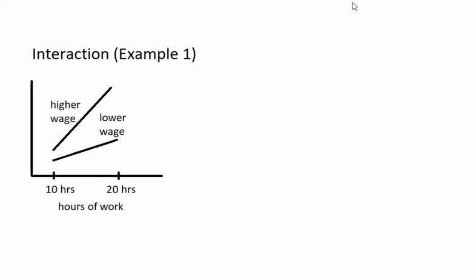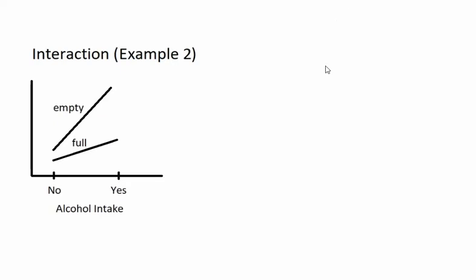Now let's look at one other situation. Here I'm showing you that food intake, or the extent to which a person's stomach is full, interacts with the effect of alcohol on intoxication. The fullness of a person's stomach changes the effect of alcohol.